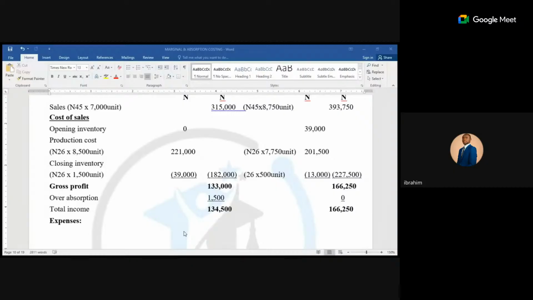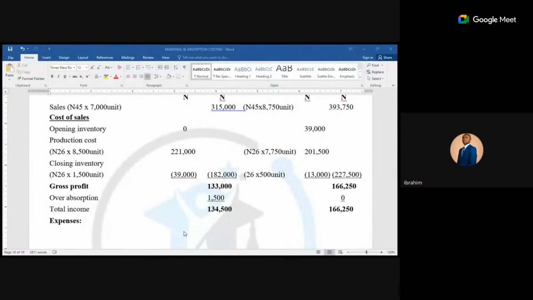I said you don't need to bring in fixed overhead again. Your fixed overhead cost, whether it is actual or budgeted, you don't need to bring in the fixed overhead costs. Why? Because you've already used it.